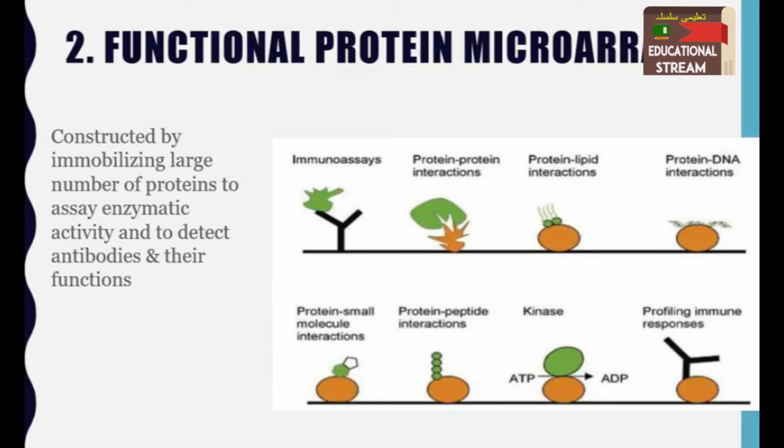Second kind of protein microarray is functional protein microarray. The ability to characterize protein functionality at the proteome level has been highly desirable for modern proteome as well as systems biology studies, because functional protein microarrays are constructed using purified proteins.